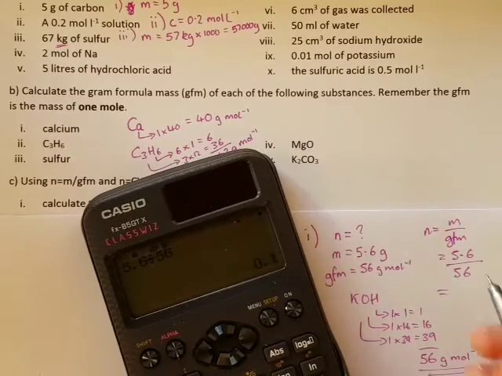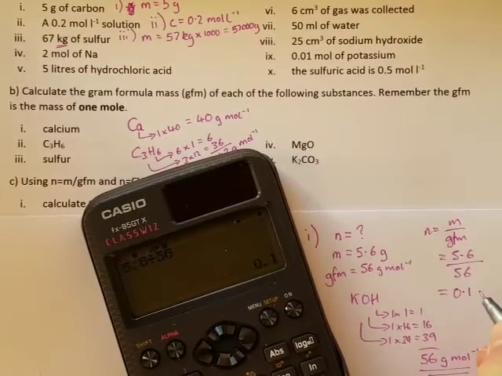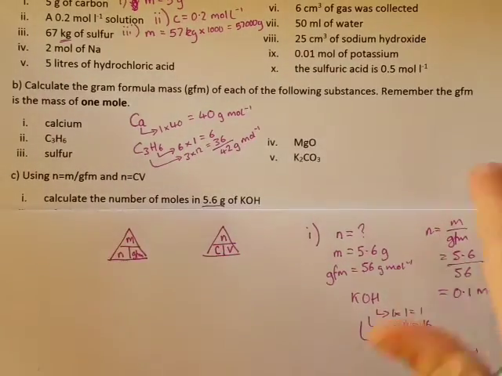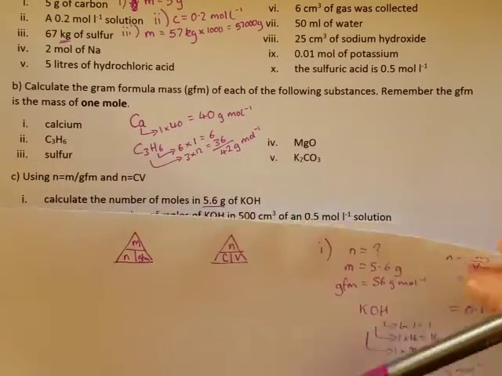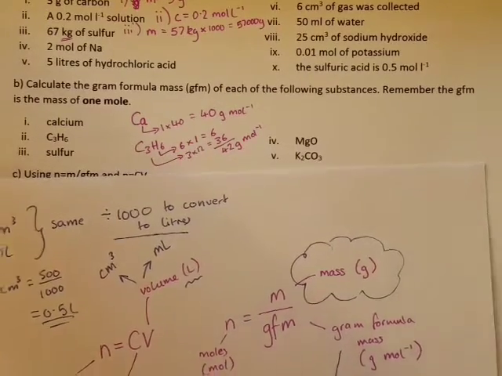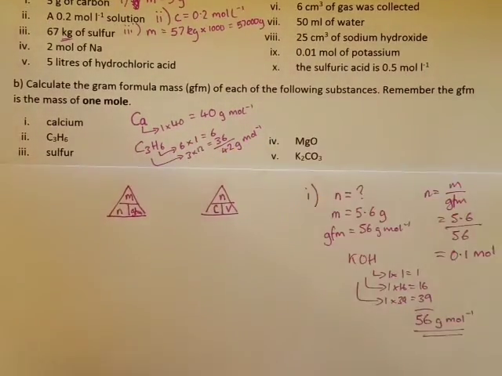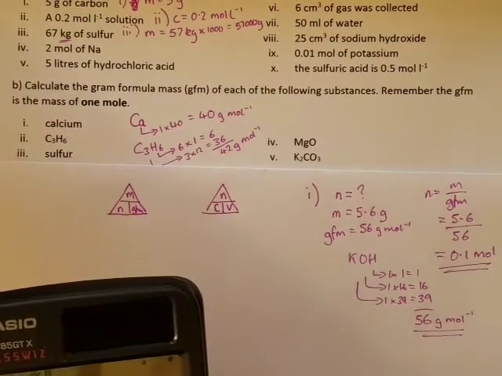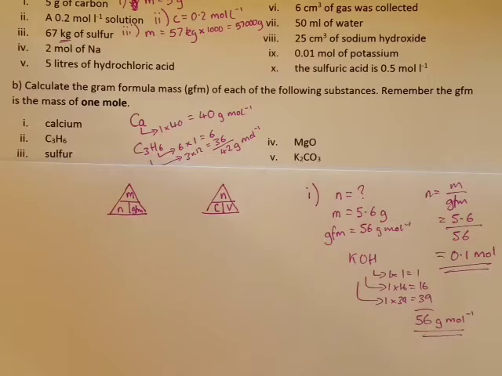So 5.6 divided by 56 is giving us 0.1 mole. Remember, you need to know the units of the different quantities in the equation, so you should know that if you calculate n, it's going to be in mole. So the final answer, n equals 0.1 mole for that one.